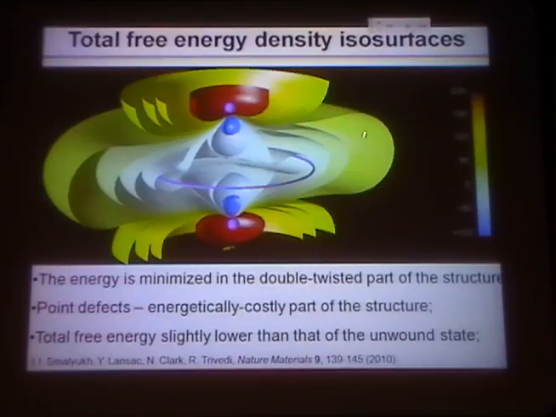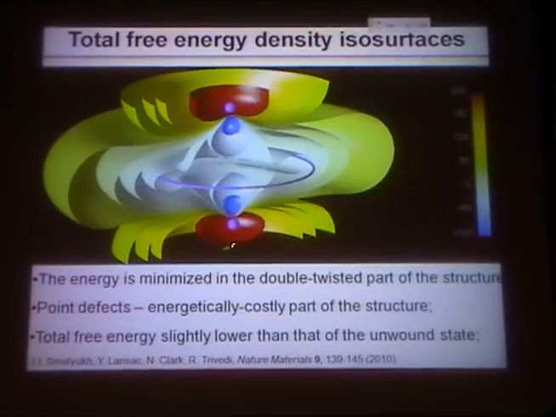And so what you can notice by looking at this structure is that in the middle part of the cell we have a low free energy region, because this is the place where we have the double twist cylinder, and both twist and saddle splay terms are minimized in here.